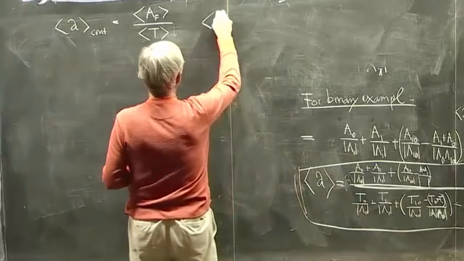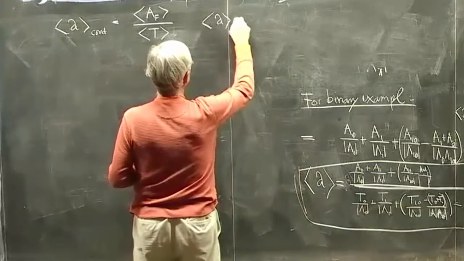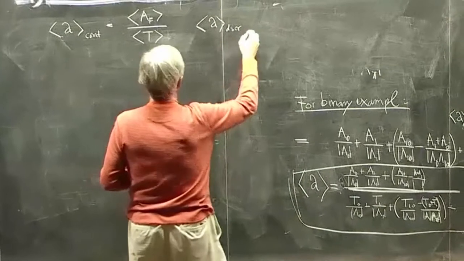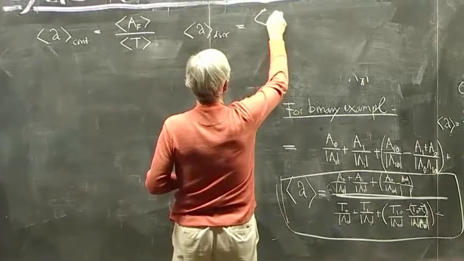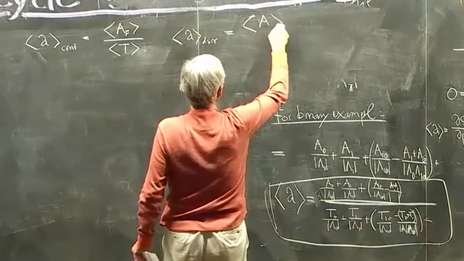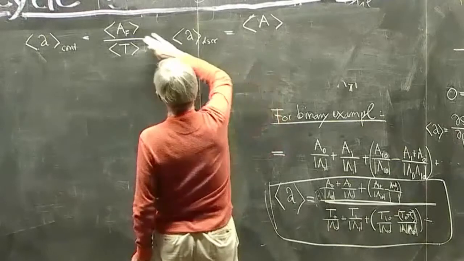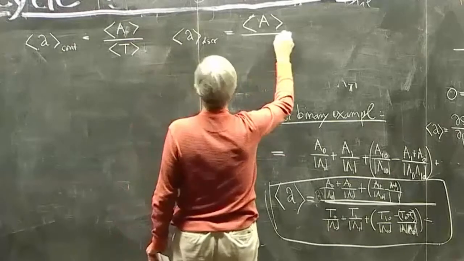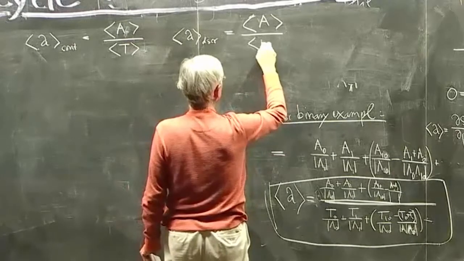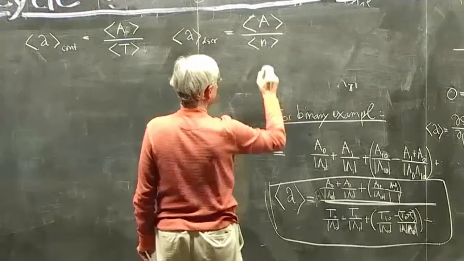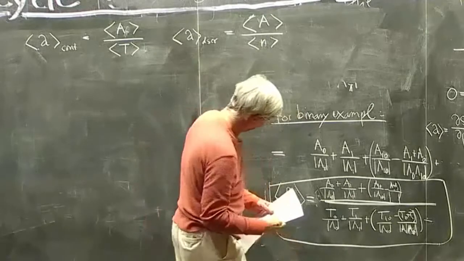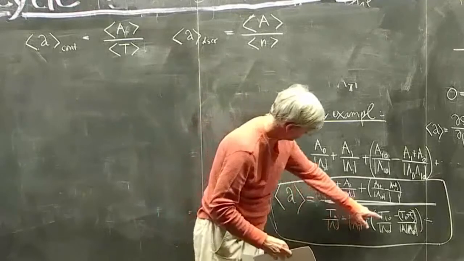If I compute the same thing in discrete time, then the expectation value of A is the same, but now I have to compute discrete times here, which means in these formulas, wherever time appears, there should be an integer.